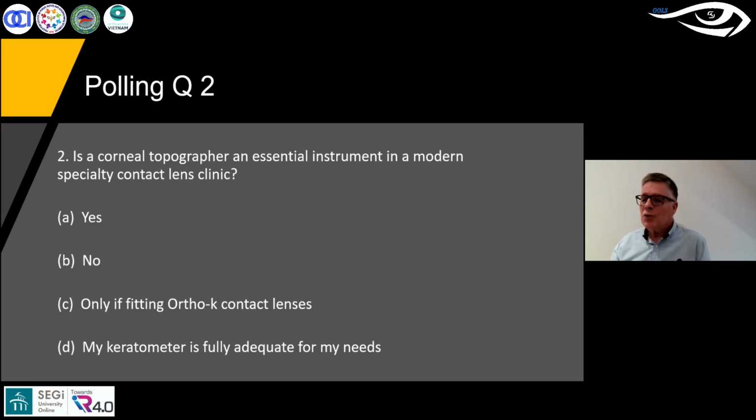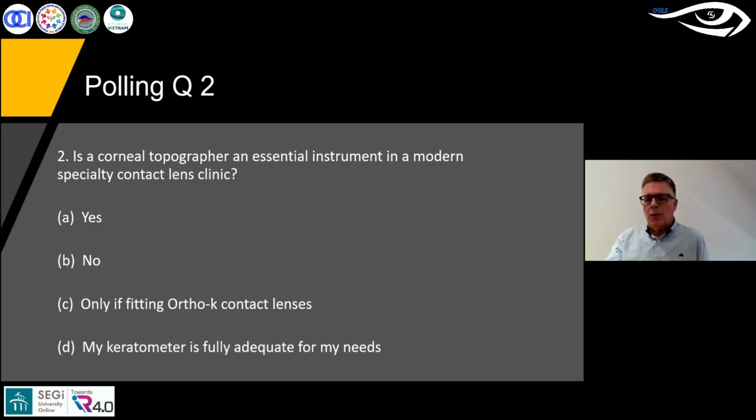But that comes with time, and I think certainly topographers have a strong part to play in the specialty clinics. Yes, I agree. 77% of people said yes, it's an essential tool. Okay, that's great.